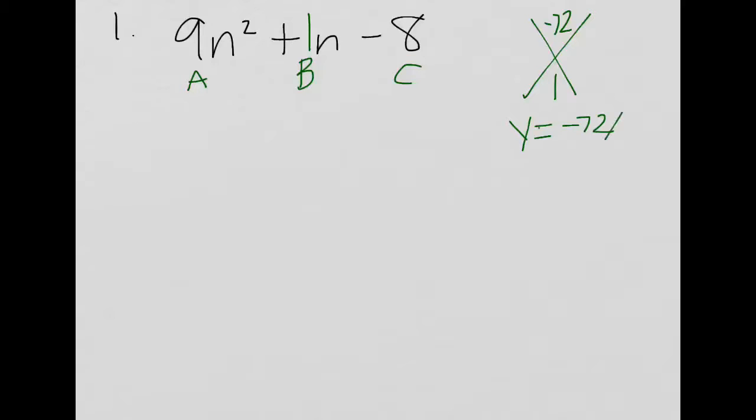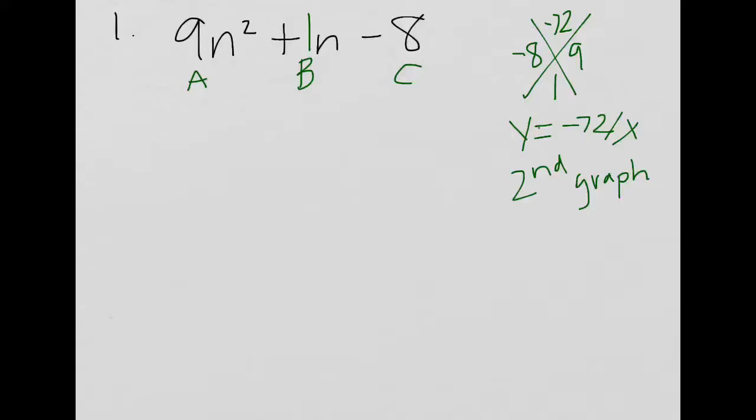So you do y equals negative 72 divided by x, second graph to look at that table. You're looking for something that adds up to 1. I think you should see negative 8 and positive 9, or the other way around. Either way is fine.